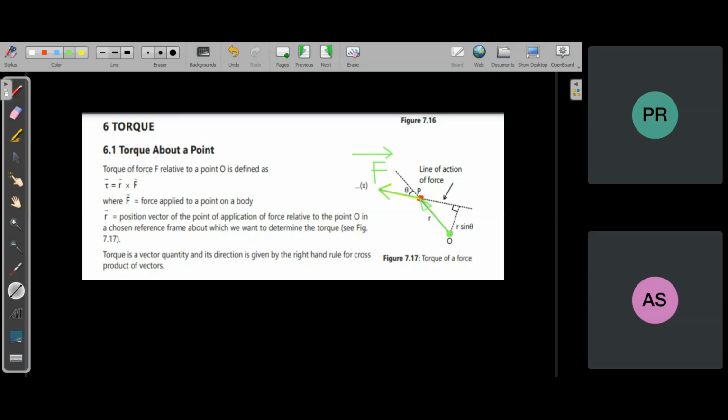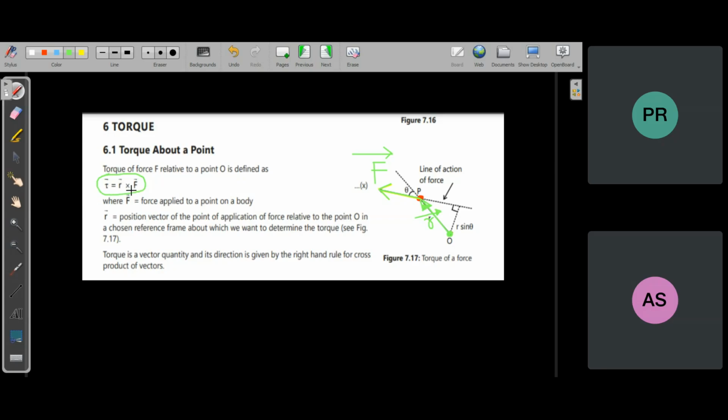This vector is called vector R. Now if you do the cross product of vector R and vector F, you will get the torque of force F about the point O, R cross F. This is how it is defined.